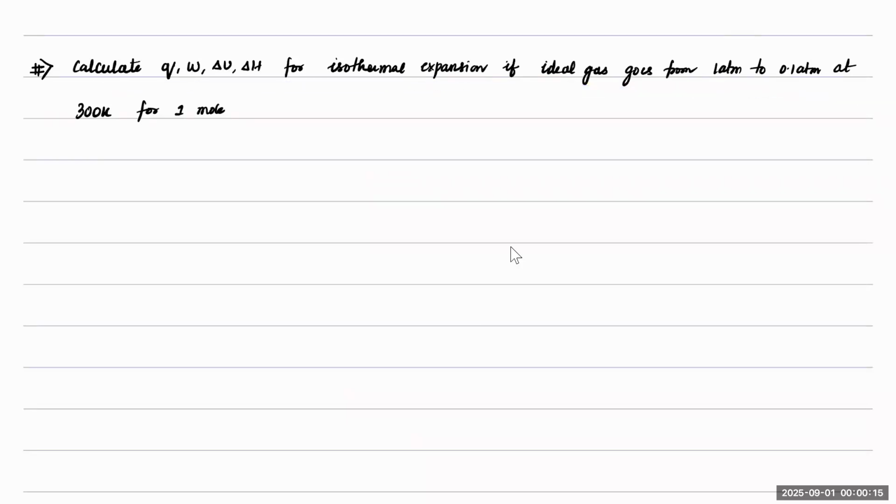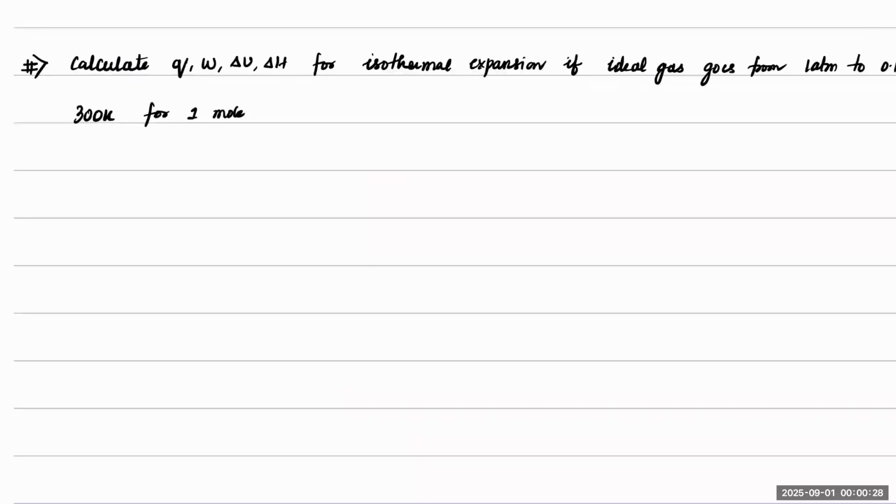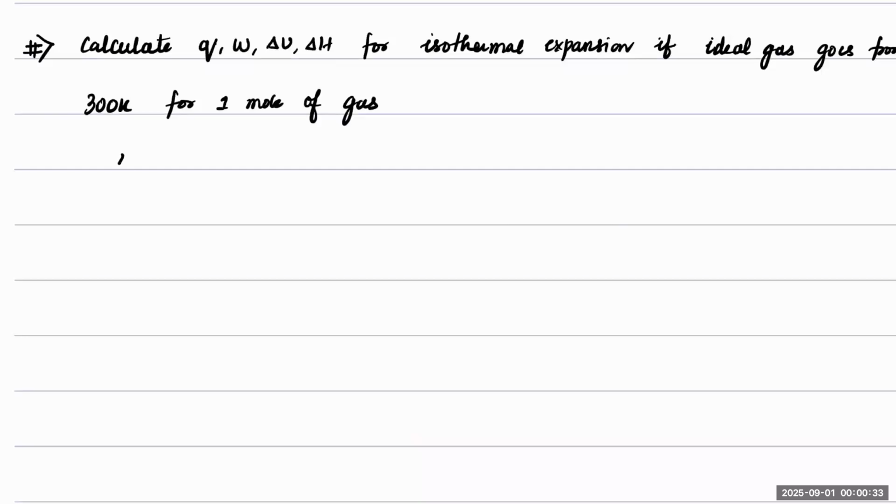Calculate Q, W, delta U, delta H for isothermal expansion if an ideal gas goes from 1 atm to 0.1 atm at 300 kelvins for 1 mole of a gas, and we are taking two conditions. First, if it is reversibly operated, and second, if it is irreversibly operated.